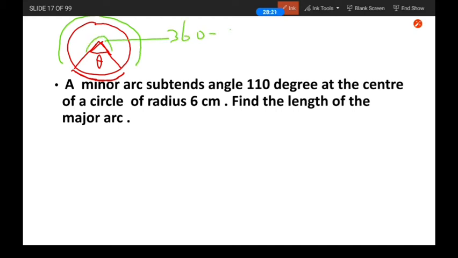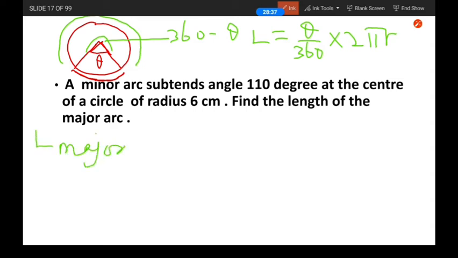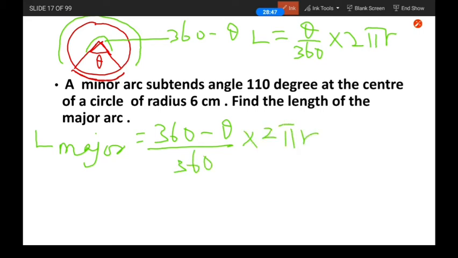360 minus theta. And the length of an arc, the formula is theta over 360 times 2 pi r. But the length of the major arc, because it's not subtending theta, is 360 minus theta over 360. So this is now going to be the formula for the major arc. Is that okay?